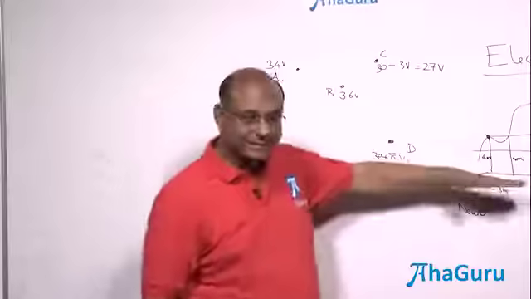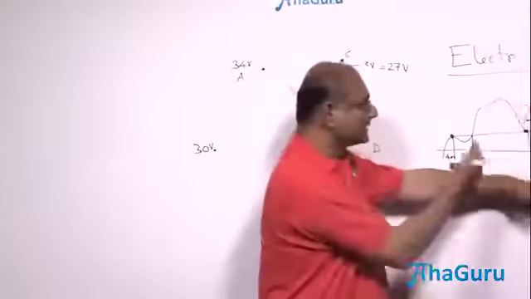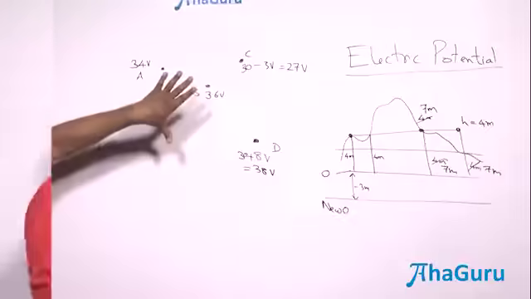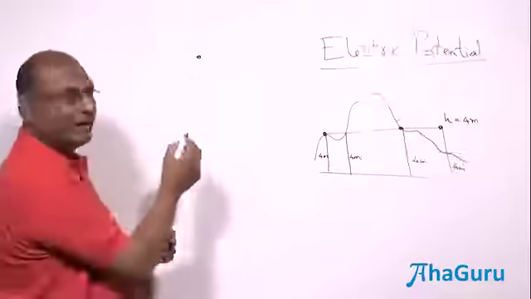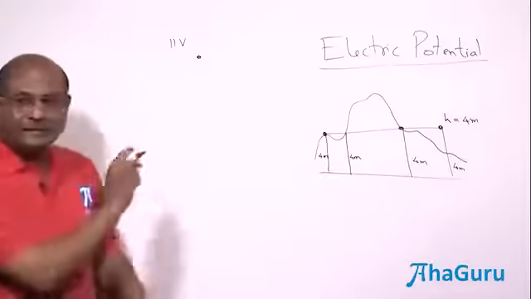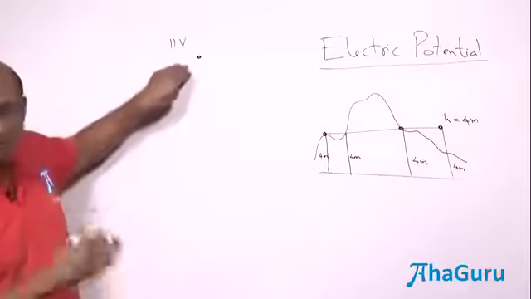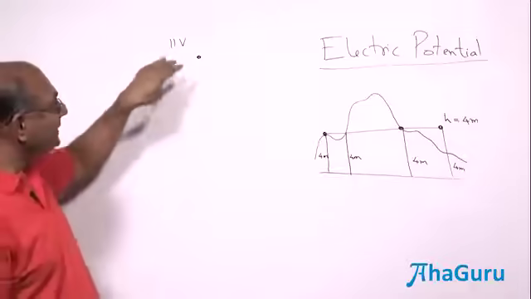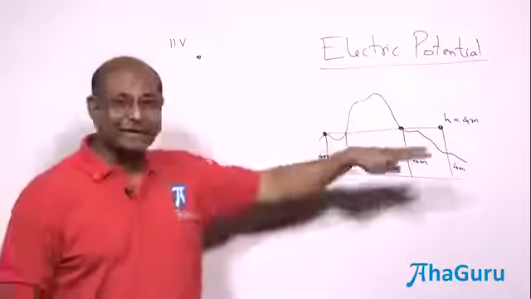But once I set a 0 level and start calculating, just like heights get fixed, this number also gets fixed. This point can have 11 volts. That's it. It cannot have 12, 13, 14. But can 2-3 points have 11 volts? Yes. So in many ways, this is the same idea as height.